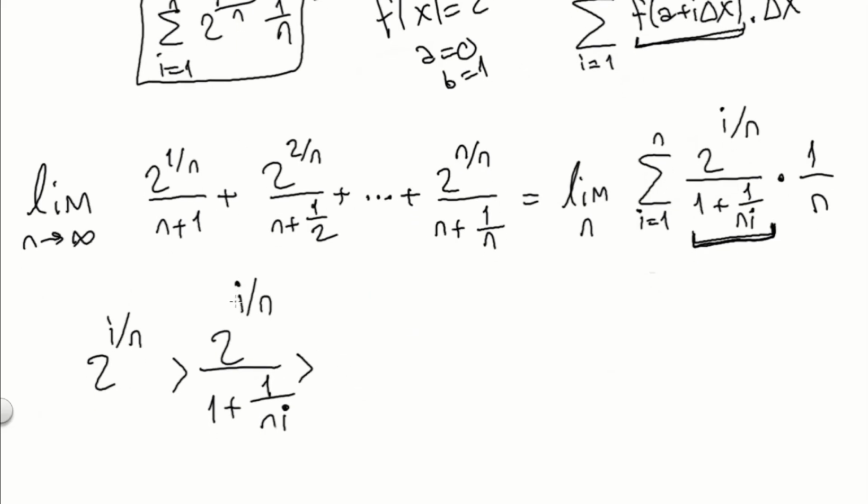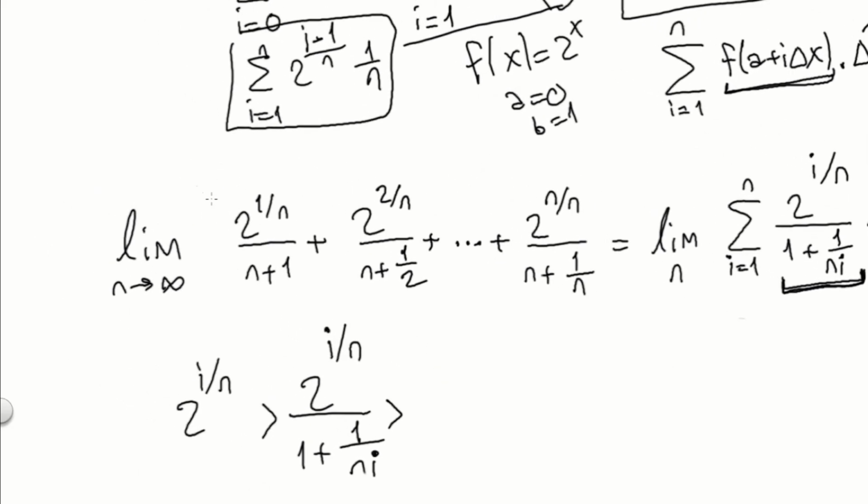So I can just write this i in terms of, I will just write it here and then do it directly there. So I have 2 to the, I need i minus 1, so I can just say plus 1 over n. So this is just 2 to the (i minus 1) over n times 2 to the 1 over n. Okay, cool.